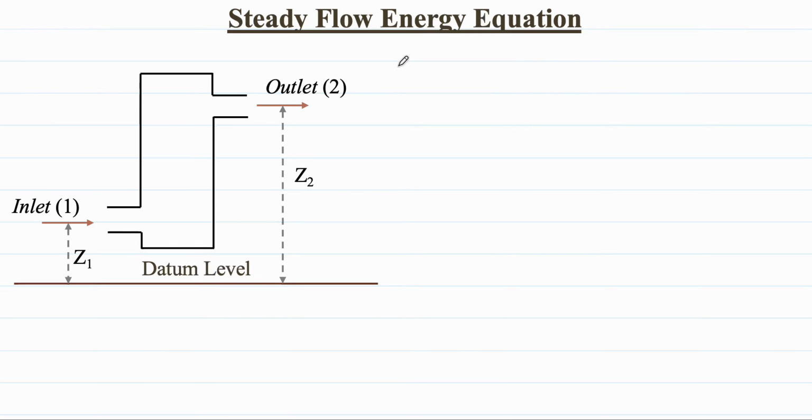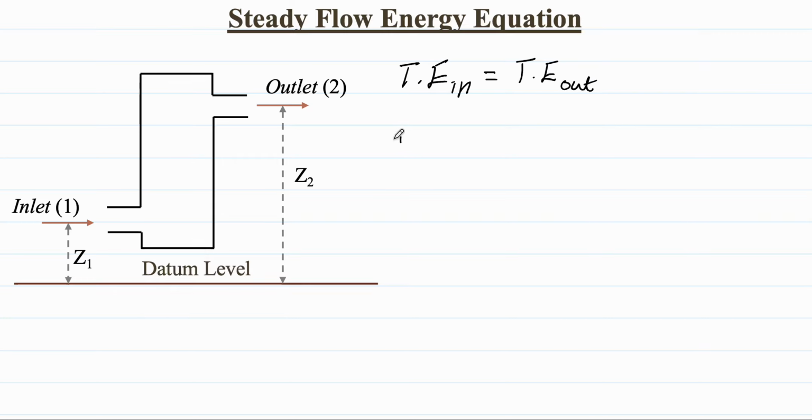So now we know that by the law of conservation of energy, the total energy of the fluid entering the system is equal to the total energy of the fluid leaving the system.